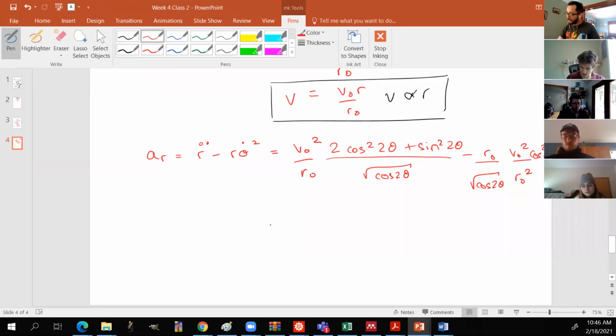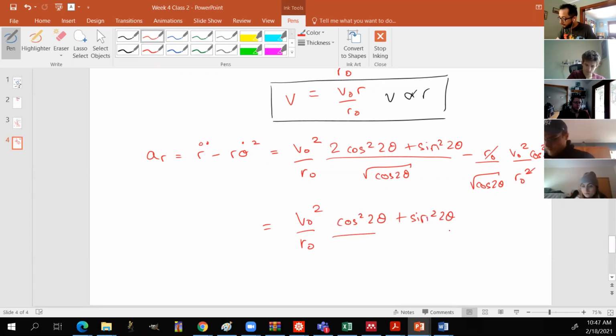You add these up, and you're left with V naught squared over R naught, 2 cosine squared 2 theta minus cosine squared 2 theta, you end up with cosine squared 2 theta plus sine squared 2 theta divided by the square root of cosine 2 theta. And again, that's equal to 1.